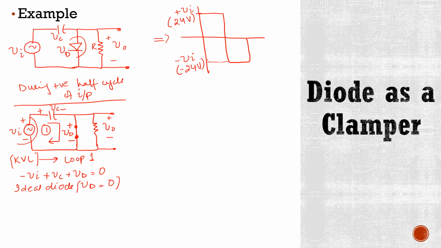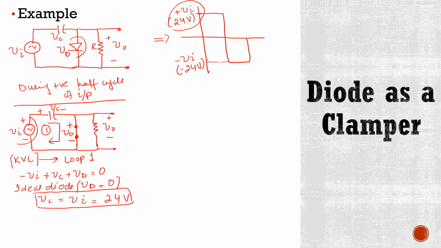Now this equation becomes Vc is equal to Vi, and we know that Vi is 24 volts. It means this capacitor voltage is 24 volts. It shows that the current charges the capacitor to the peak value of the input voltage, and the capacitor will hold the charge until the diode remains forward biased.